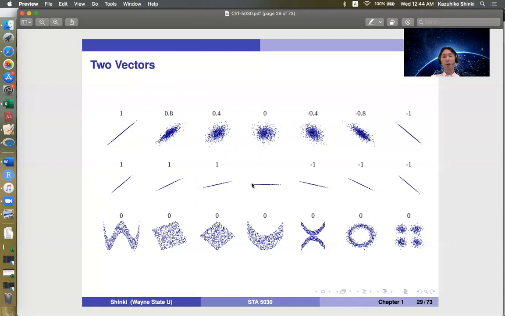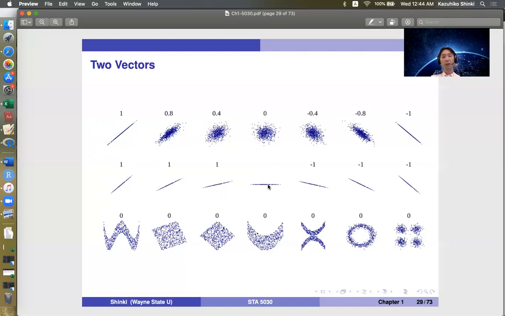And if observations are entirely flat, I mean the y values don't have any variability, then we cannot calculate the correlation coefficient. That is because we have s sub y, the standard deviation of y, in the denominator in the definition of the correlation coefficient. So the denominator becomes 0 if y does not have variation.